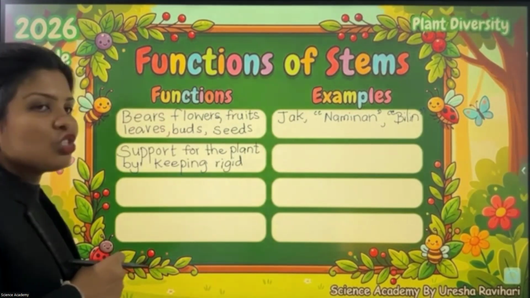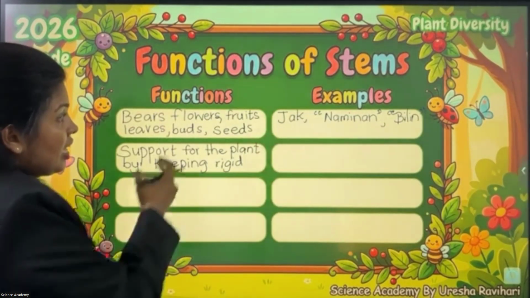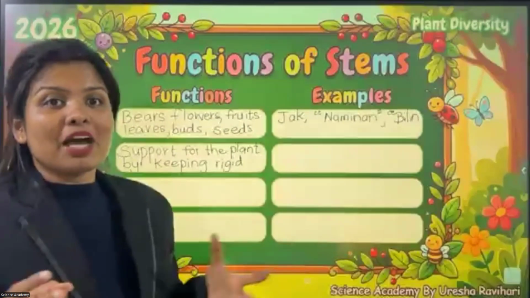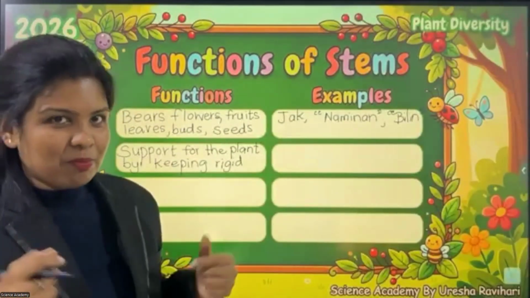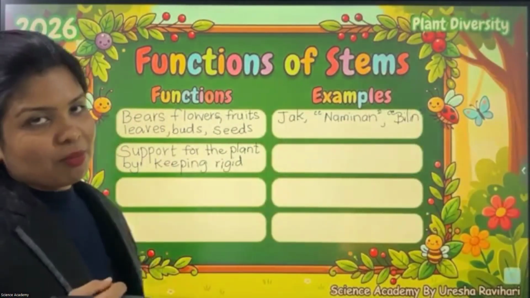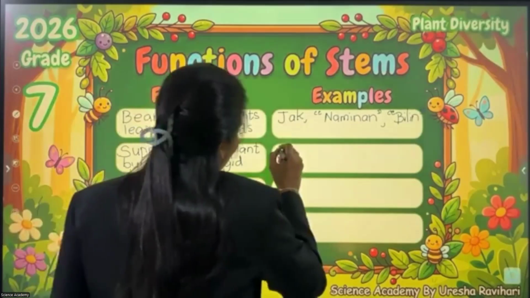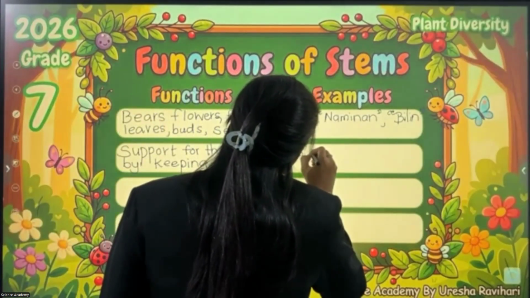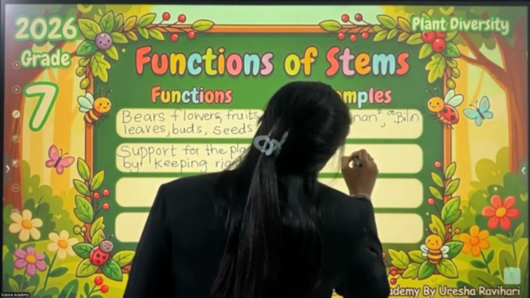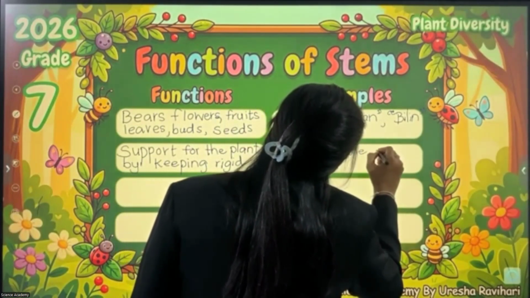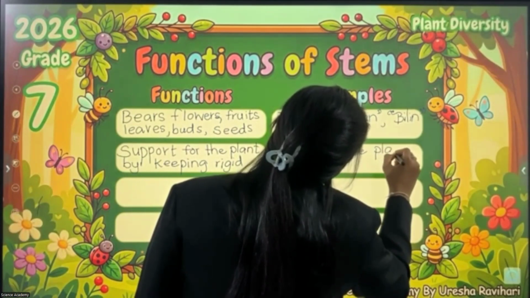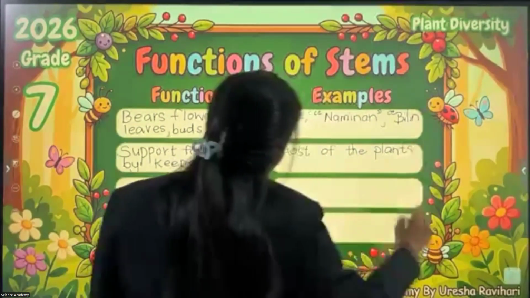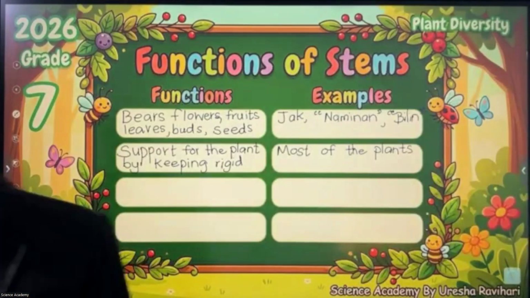Most of the plants we can see in woody plants, and non-woody plants also. Most of the plants, it gives for the plant. Most of the plants, we can write down as example.